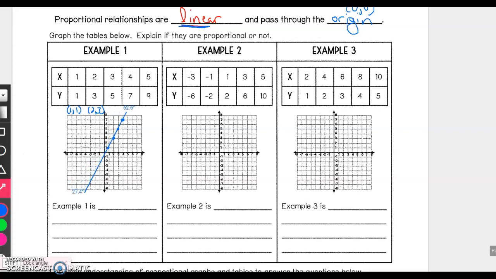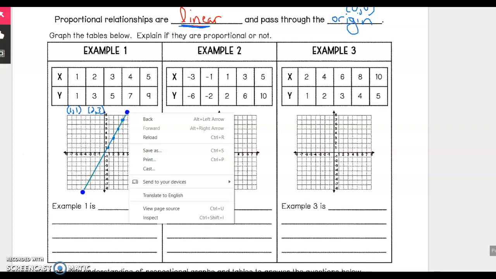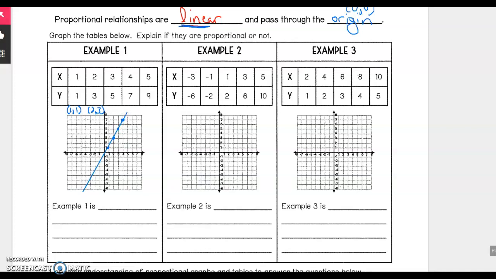But you can pass a line through these, being as exact as I can. What do we notice?